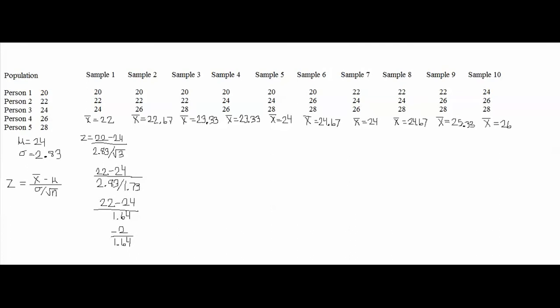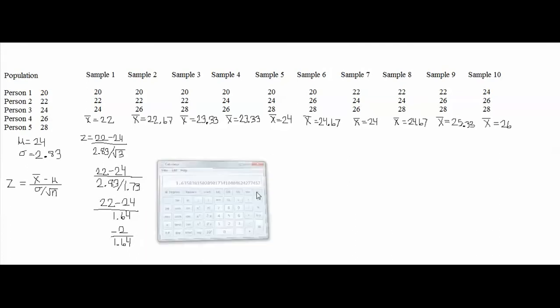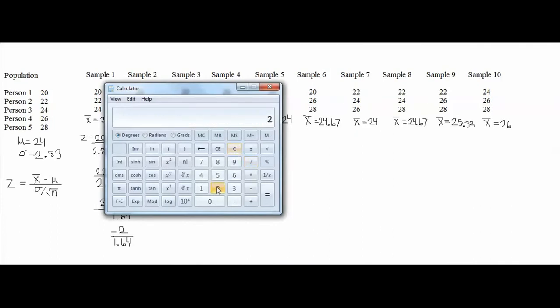On my calculator, I can divide 2 by 1.64, and I get about 1.219, which rounds to 1.22. And remember that we divided -2 by 1.64, which means that you're actually dividing a negative number by a positive number, which means that the answer will be negative.